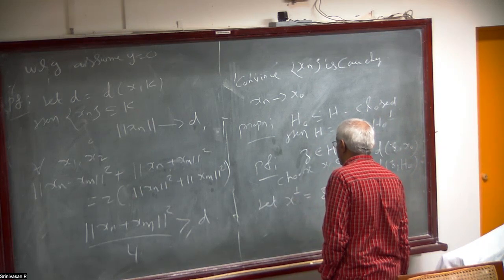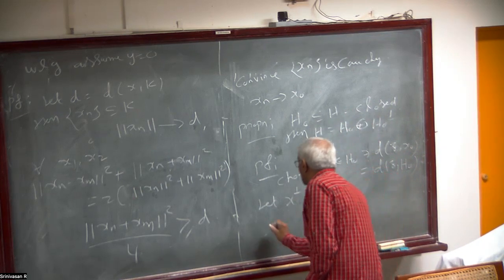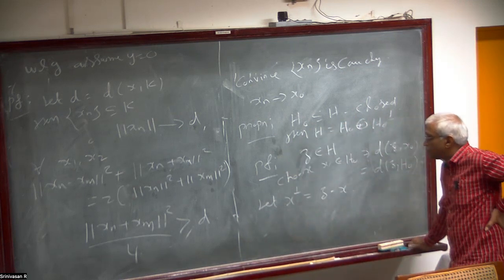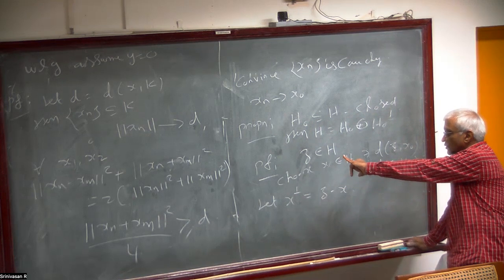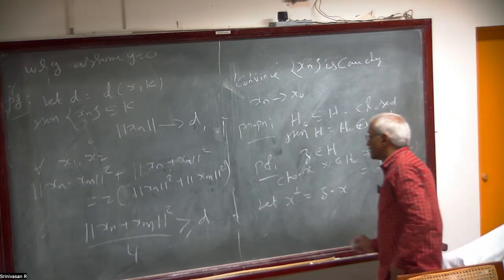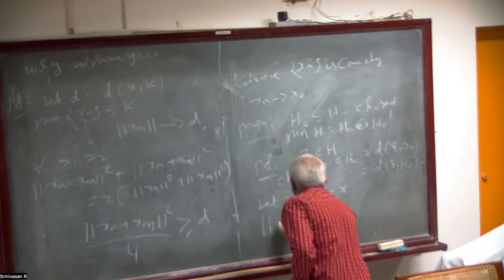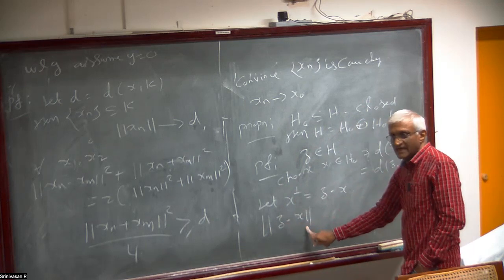So, why is that orthogonal to that? We have to use the property that x is the nearest element to z. You have to use that property. So we want to consider z minus x. This is the distance between z and x.